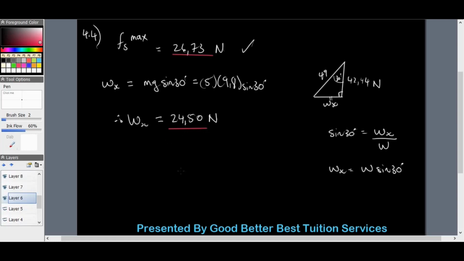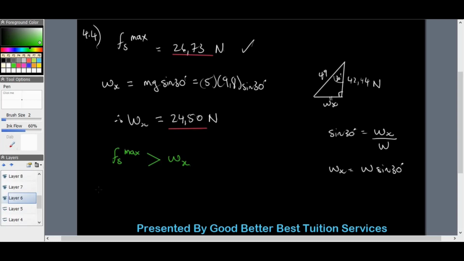Clearly one is bigger than the other. We discover that Fs max, the force of static friction, is greater than Wx. So the frictional force value is more than that of the parallel weight component.